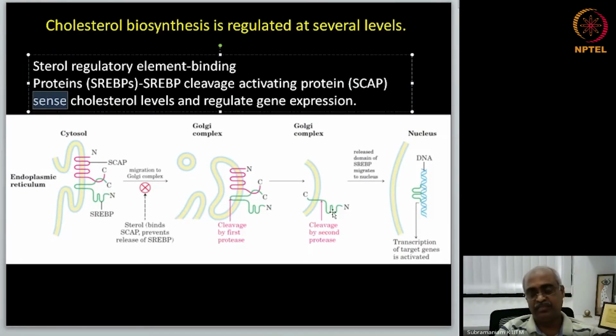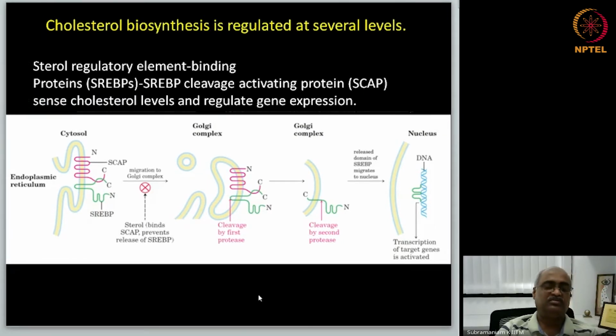And this N-terminal portion should be continuously made. These two arrows must continuously be happening. Then only the gene transcription will be going on, because this molecule gets constantly degraded. So that is how this is regulated. This is one mechanism of regulation of cholesterol biosynthesis.